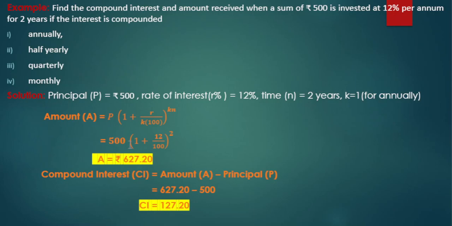After this, we will get the value 627 rupees 20 paisa. Now to calculate the compound interest, we use the formula amount minus principal. The amount we get is 627 rupees 20 paisa, and the principal we invested is rupees 500. So we will get compound interest equal to 127 rupees 20 paisa.